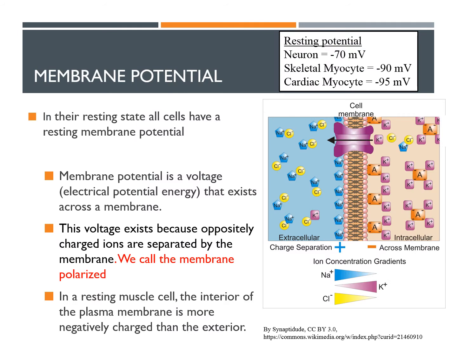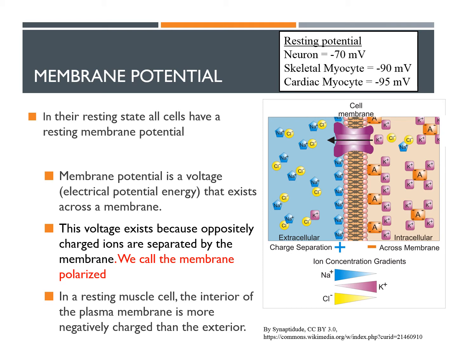The resting membrane potential is a measure of the separation of charges across the plasma membrane of the cell. Because of those leakage channels and the gated channels and the sodium-potassium pump, our concentration of sodium and potassium is always going to be different on both sides of the membrane. And this is going to translate to a difference in charge.